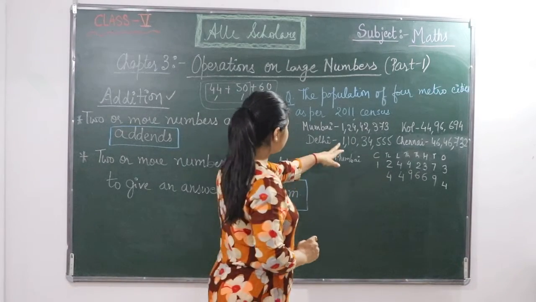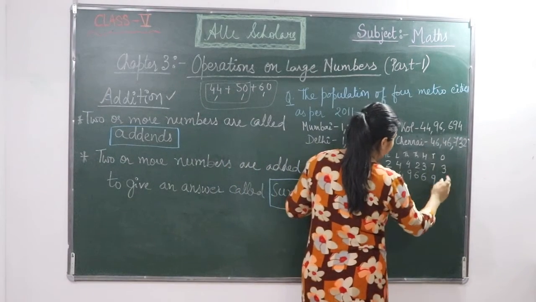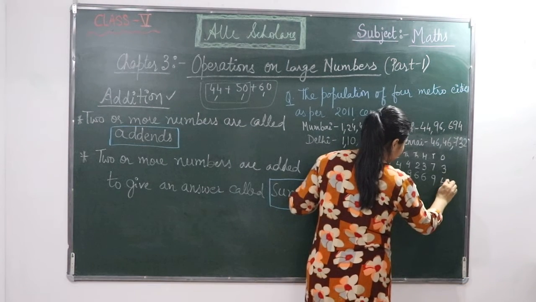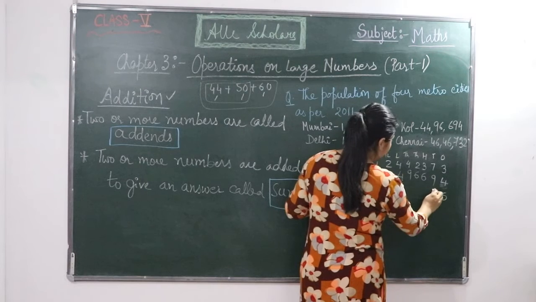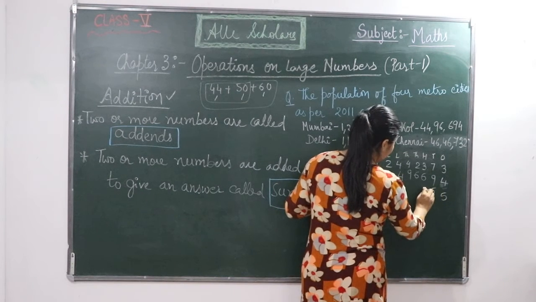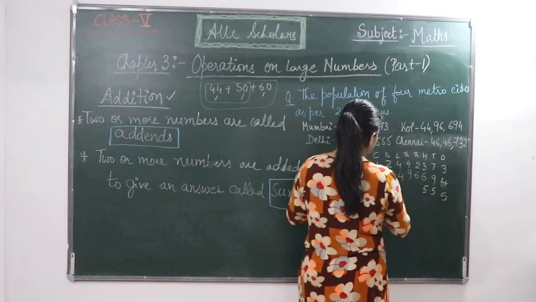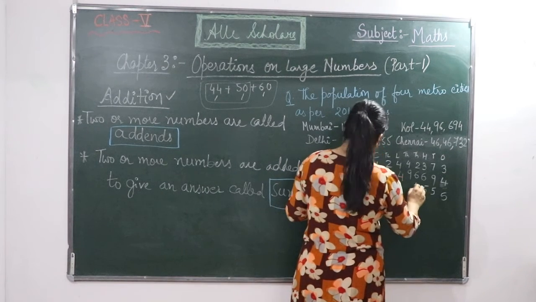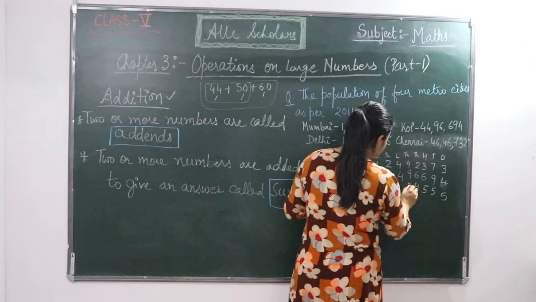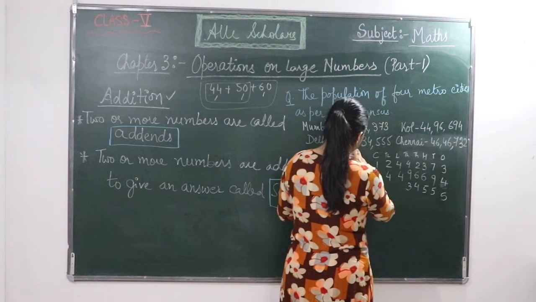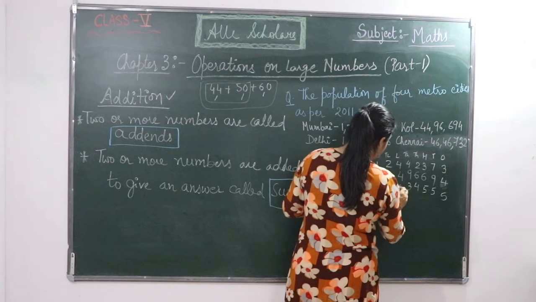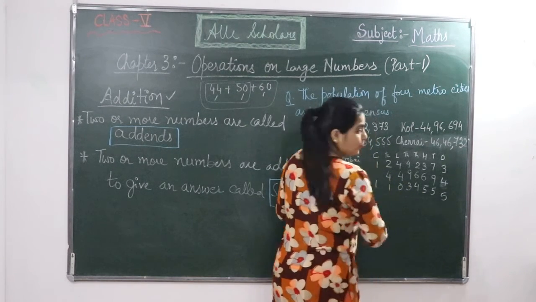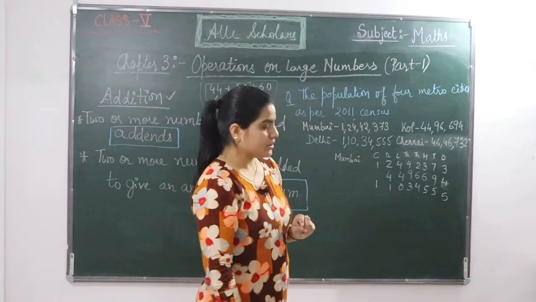Next for Delhi, at ones there is 5. Again 5 at tens. At hundreds also there is a 5. Next comes 4 at thousands. 3 at ten thousands. 0 at lakh, 1 at ten lakh, and again 1 at crores.